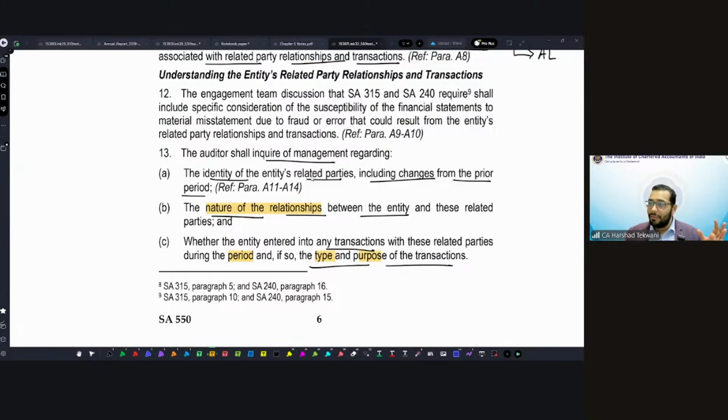It is not something randomly written. So the period will give me comfort on cutoff. The type and the purpose will give me comfort on existence and occurrence. Here, the nature of the relationship and changes from the prior period will help me have comfort on completeness. So I'm targeting assertions with my procedures.